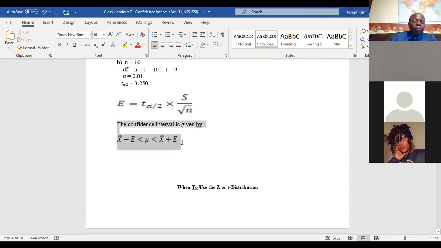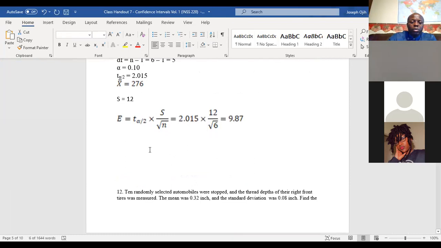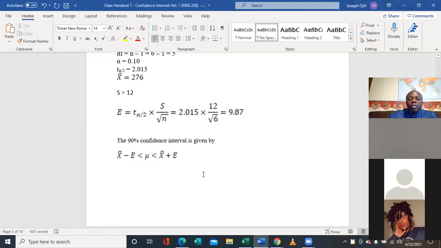The 90% confidence interval will be given by that same formula: X bar minus error, less than the mean, less than X bar plus error. On the left side you subtract the error margin, and on the right side you add the error margin. That will give you the required 90% confidence level.